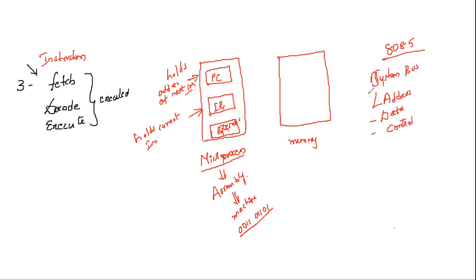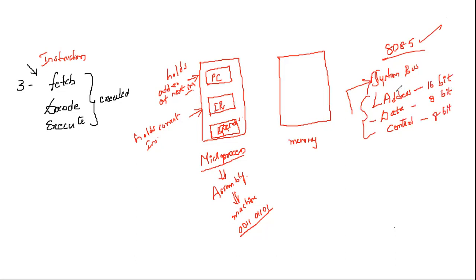All these three we call the system bus. In this 8085 microprocessor, the address bus is 16-bit, the data bus is 8-bit, and the control bus is 8-bit.